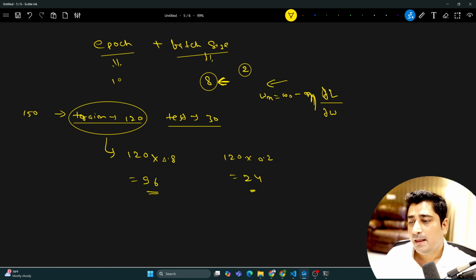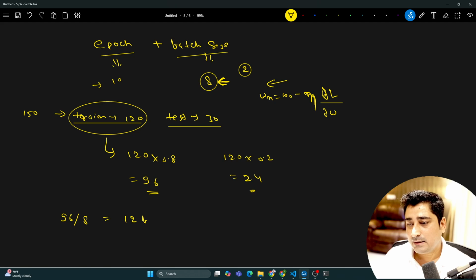Simple, right? One single epoch means when I send one complete set of the data. So in one single epoch, let's divide by the batch size, since that is how many times it will update the weight.